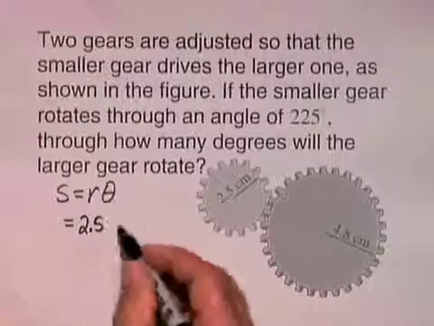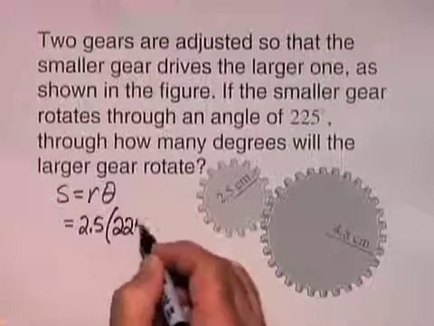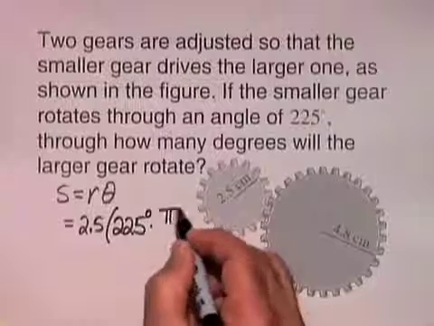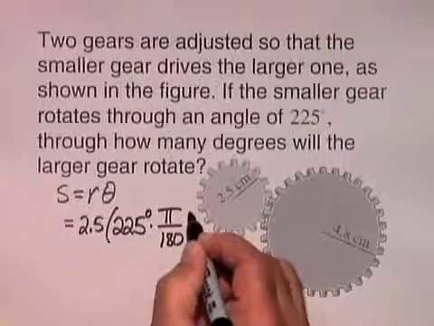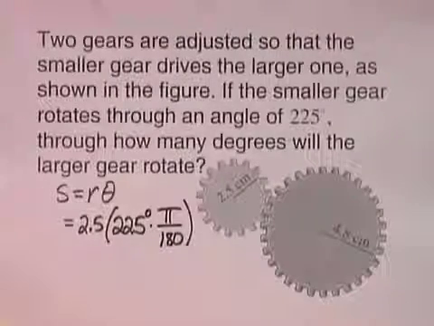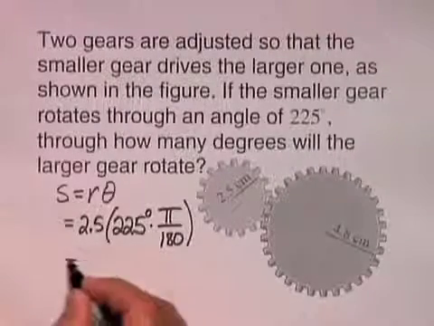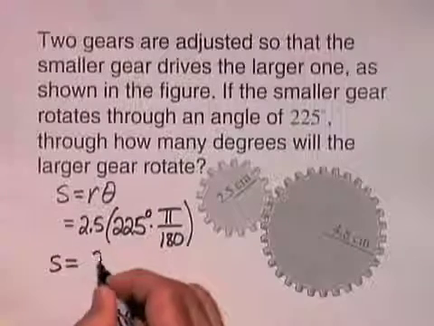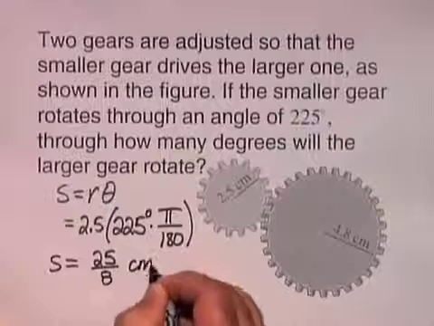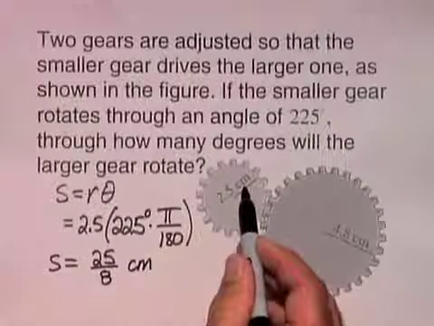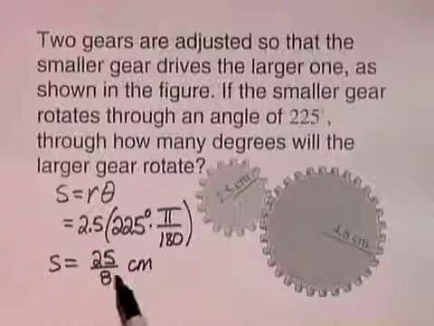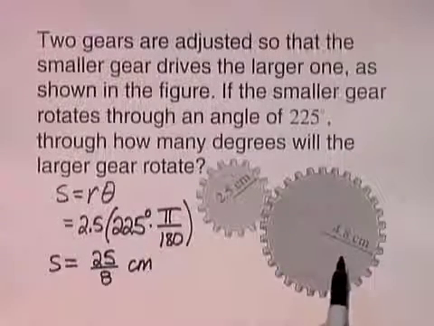Theta needs to be in radians, and therefore we'll multiply 225 degrees times pi over 180, converting this degree measurement to radians. When we simplify this, we'll find that S is equal to 25 pi over 8, and the unit of measurement is centimeters.